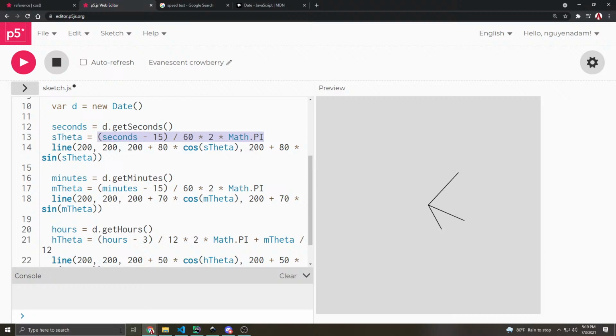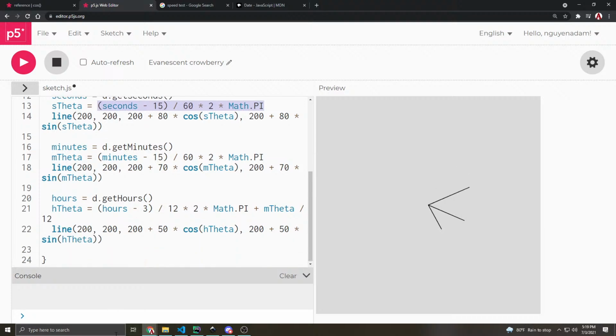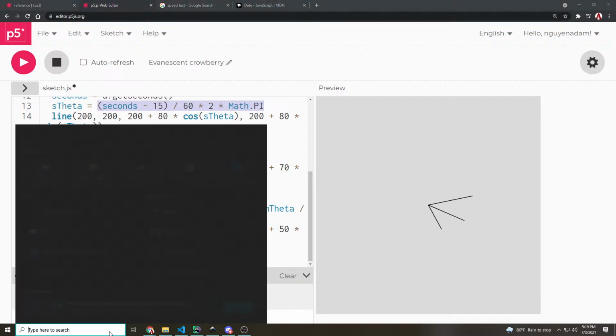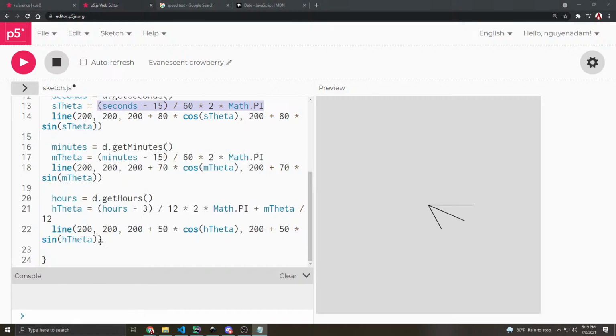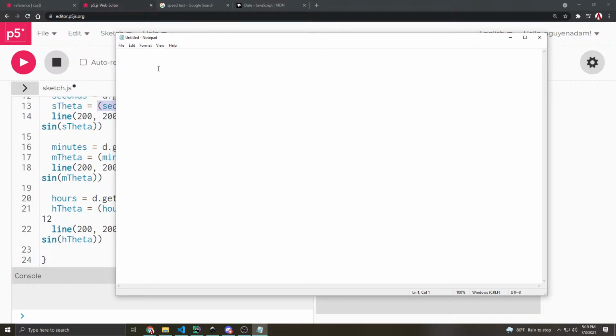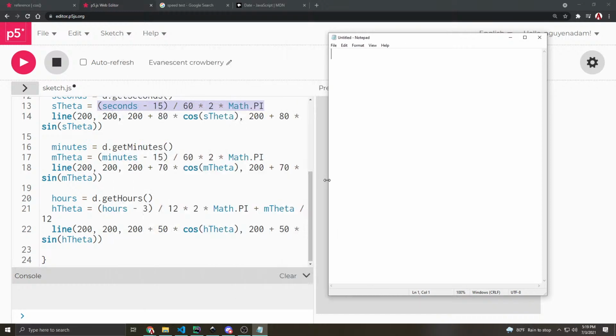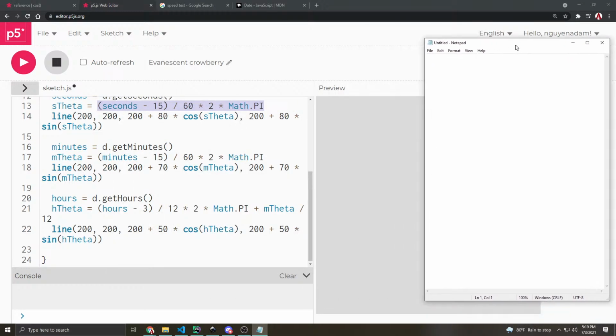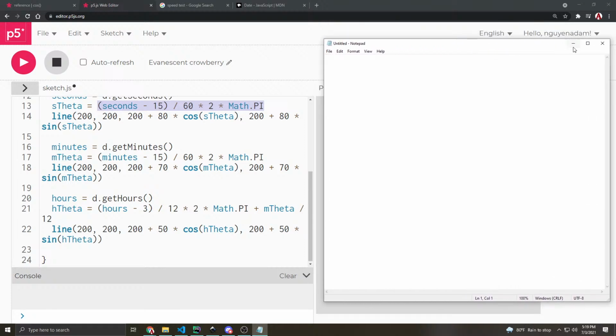Okay, so what you did for the hours was you got the hours, calculated, and then you added the minute angle divided by 12, right? So that every time a minute passes, it would be 1/12 of the movement for the hour hand? Yeah, because it's the angle.